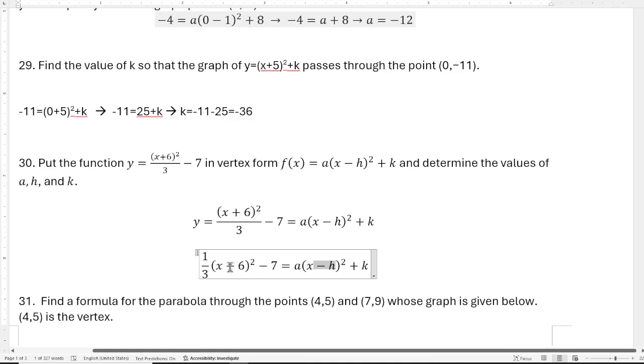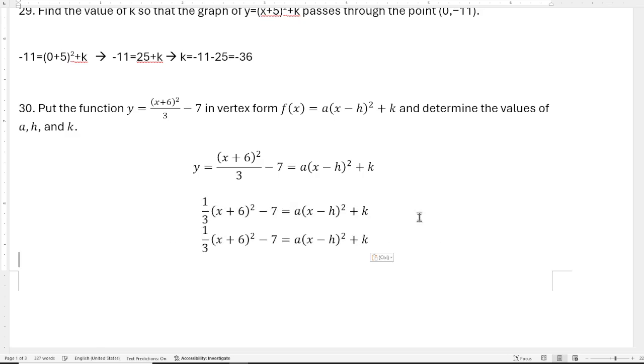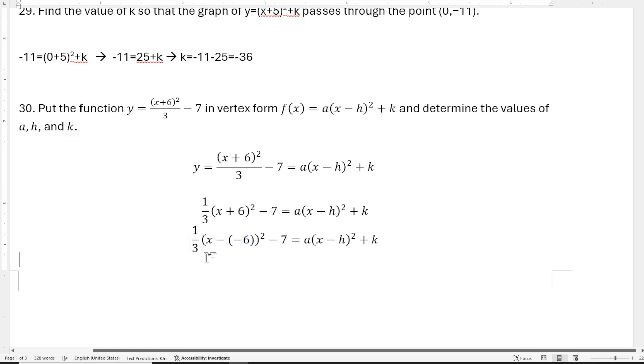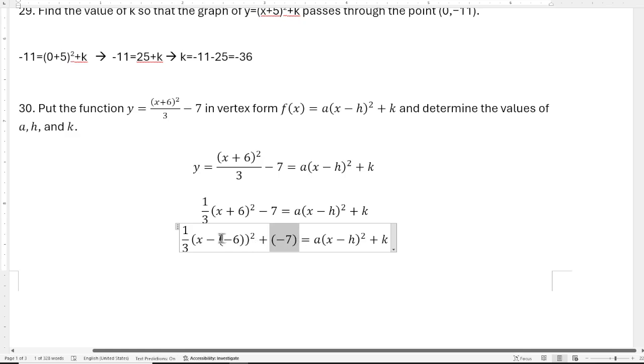So some of you already see that negative 6 would make this work, but if that's not clear to you, you can also rewrite this one more time as minus of negative 6. And if you do that, then you can see the correspondence that a is 1/3, h is negative 6, and k is, oh, this should also be plus negative 7. So if you write it like that, then k is negative 7, h is negative 6, and a is 1/3.